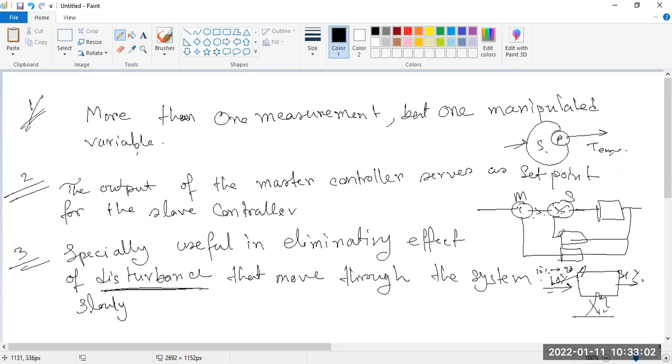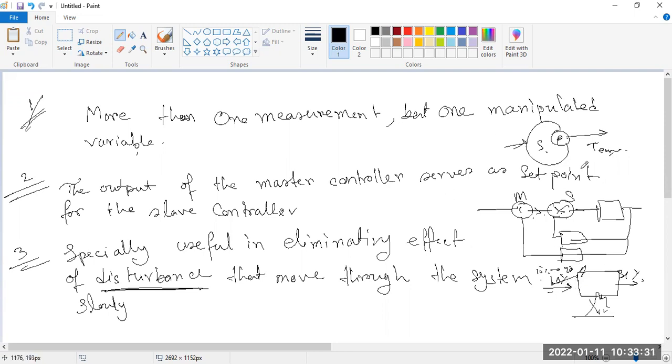So for this disturbance, we directly apply the cascade control system. It will handle it very effectively. Look, in the feed forward control system, only one loop is there. There are also some disturbances, but we do not control the disturbance. We just measure the disturbance, then apply the control strategy. But here, whenever the feed disturbance is coming, we also control this feed.